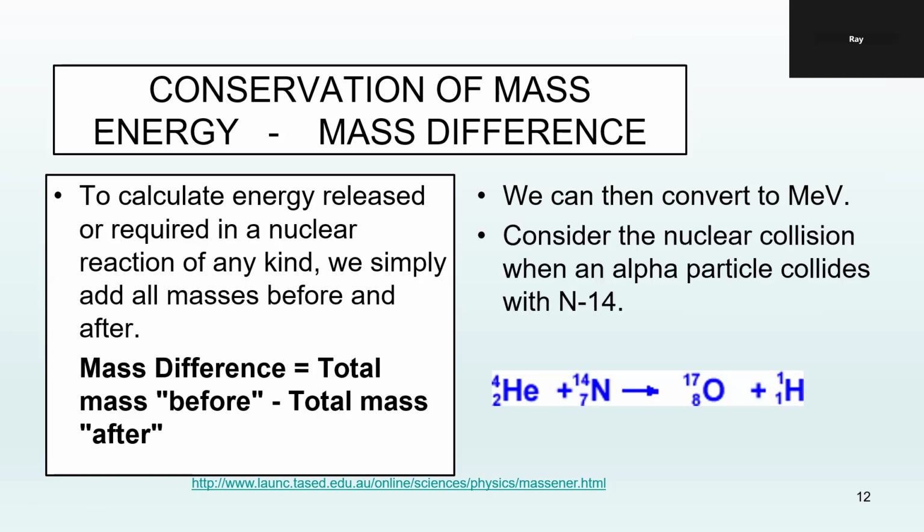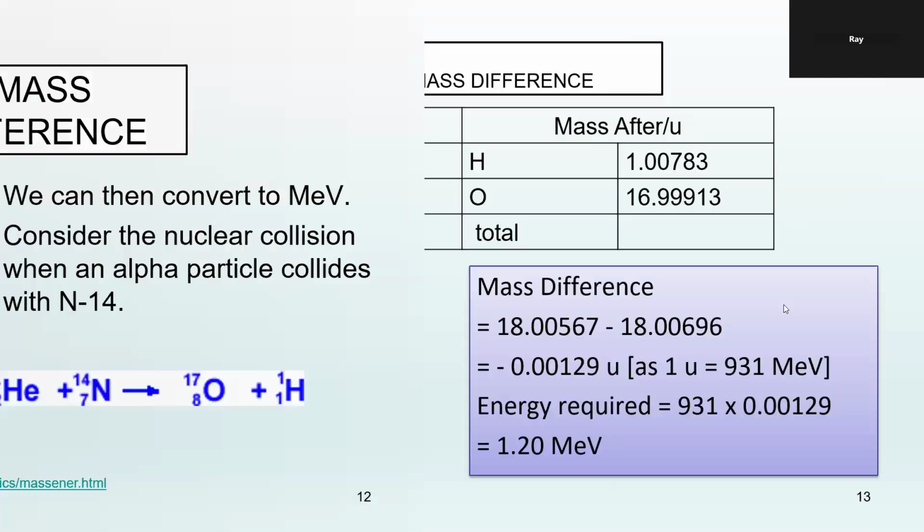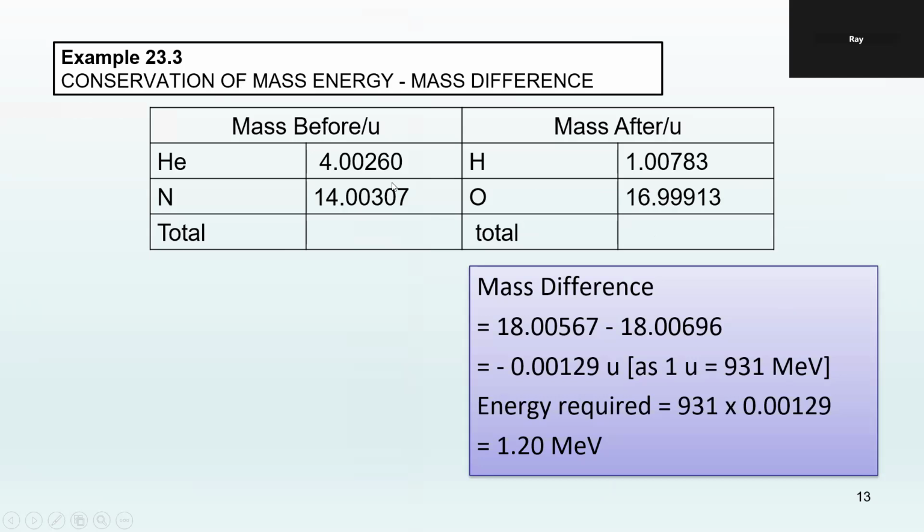Consider a nuclear collision when an alpha particle collides with nitrogen. You should be able to write this equation. Alpha sent in to collide with nitrogen gas, producing oxygen and a proton. Okay, example. There's your reactants, helium and nitrogen, or alpha and nitrogen gas.